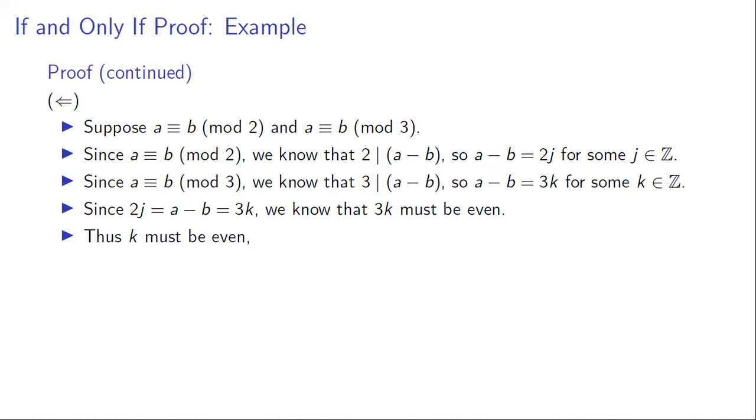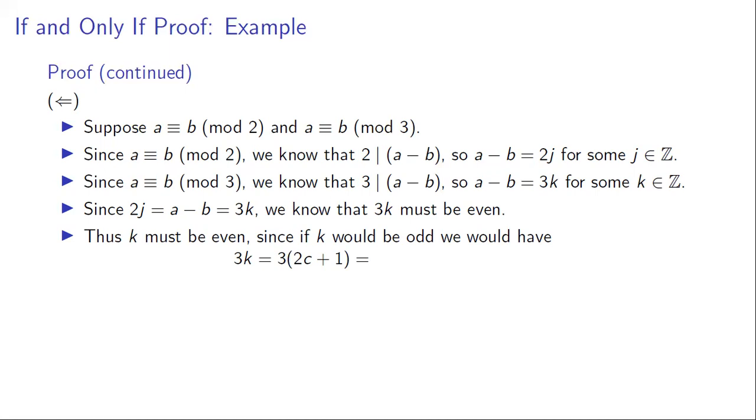Why? If 3k must be even, how do we know that k must be even? Here's an explanation. Let's say k were odd. Then what would 3k be? 3k would be 3 times 2c plus 1, because k is odd.